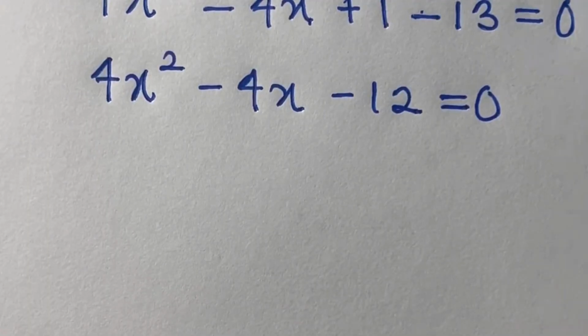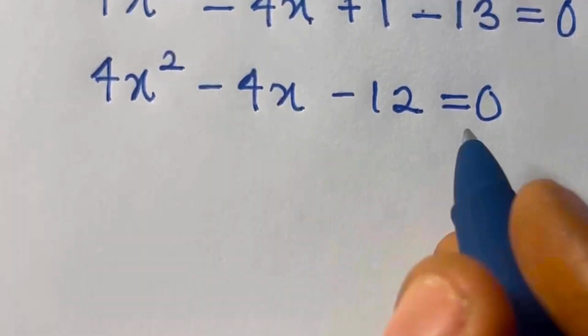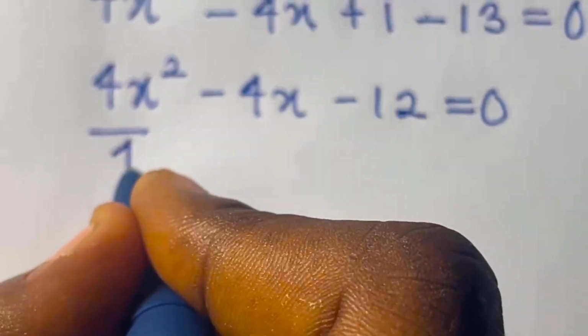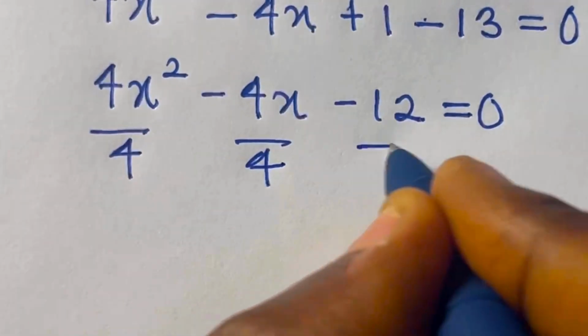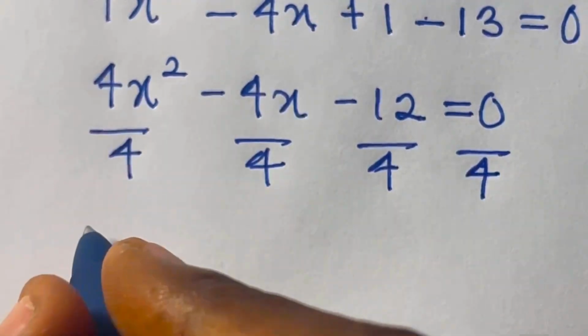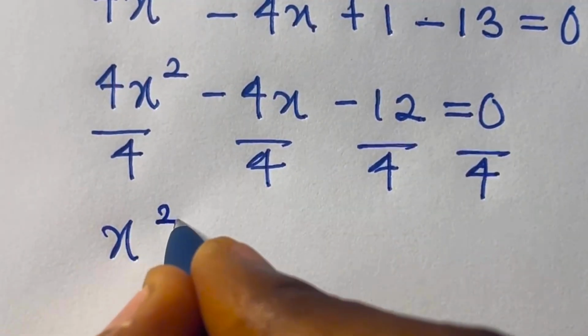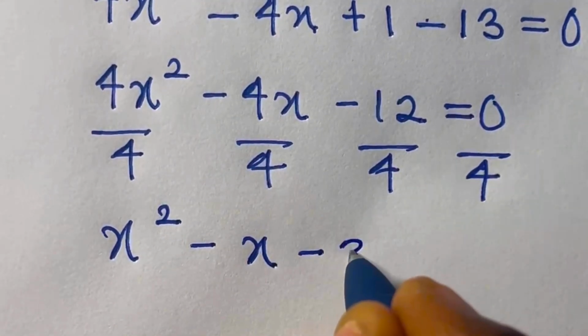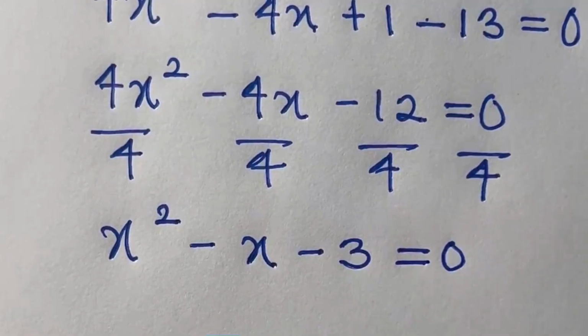Okay, so from here now, let's divide throughout by 4, this by 4, this by 4, and this by 4. We will have x squared minus x minus 3 equals 0.